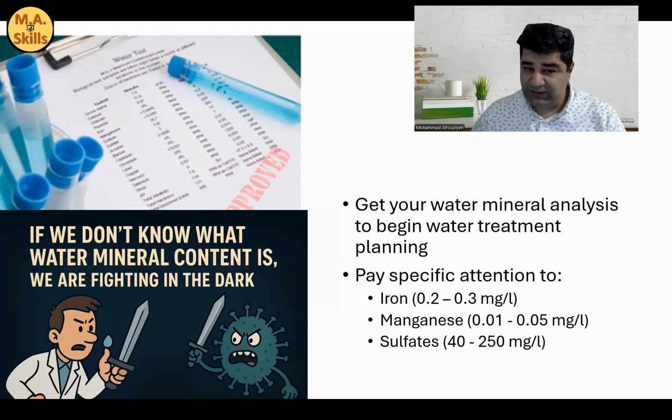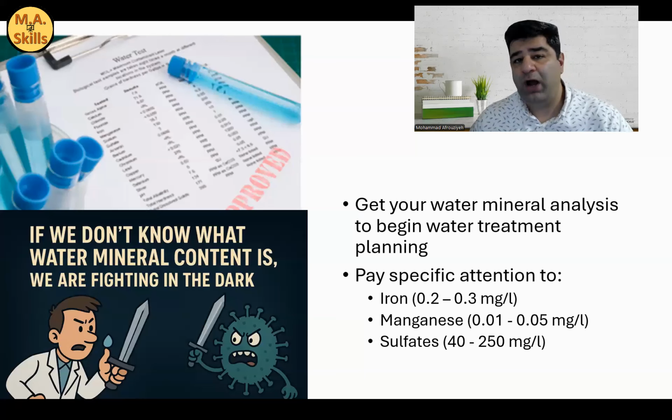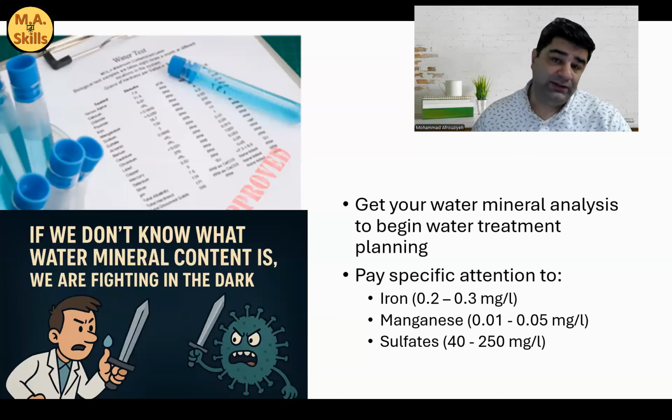So, the first step is to get your water mineral analysis to begin water treatment planning and pay specific attention to the levels of iron, manganese, and sulfates because these minerals can help germs, bacteria, and viruses to survive in the water line and produce biofilm, which is going to compromise your poultry health.